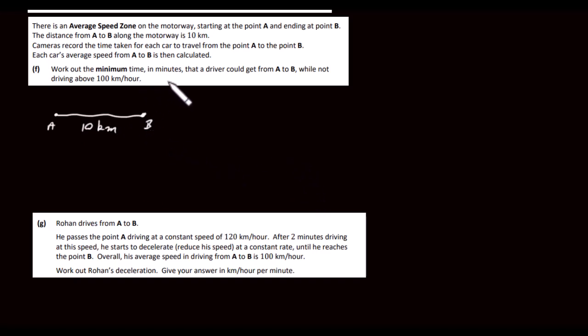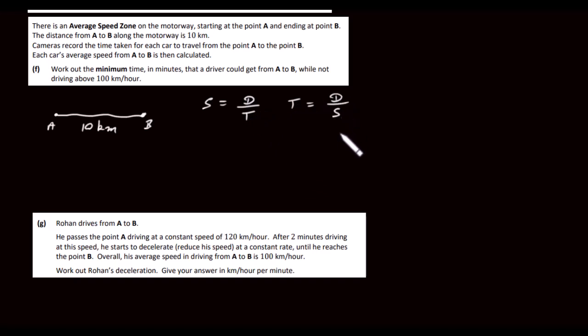So work out the minimum time in minutes that a driver could get from A to B while not driving above 100 kilometers per hour. So here we know this is just a speed, distance, time type question. So we know that speed is equal to distance over time. We know that time is therefore equal to distance over speed.